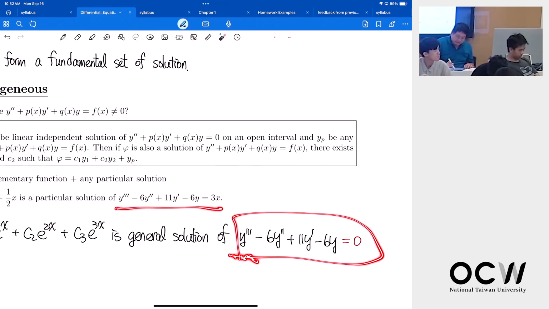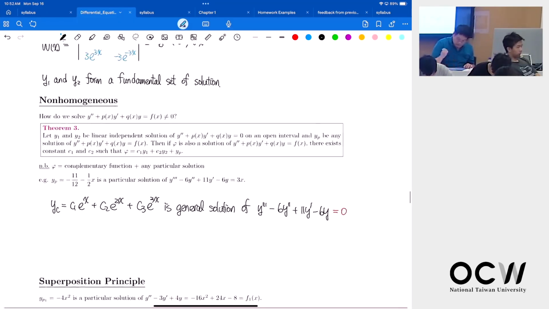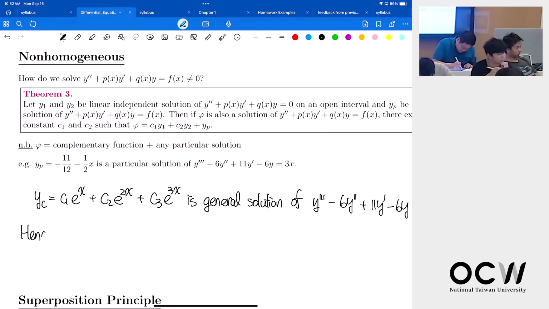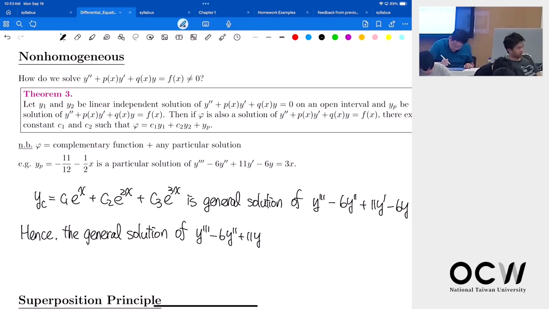Then if I have a forcing term, 3x, the general solution becomes the solution of y triple prime minus 6y double prime plus 11y prime minus 6y equals 3x.